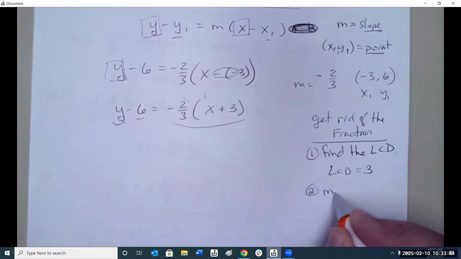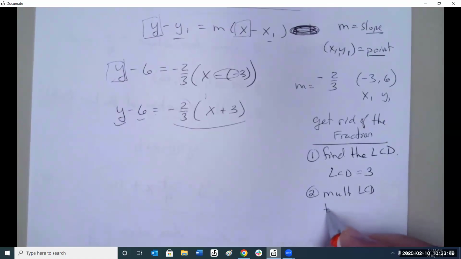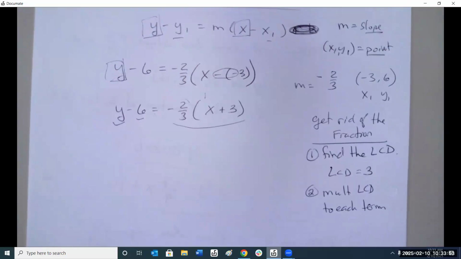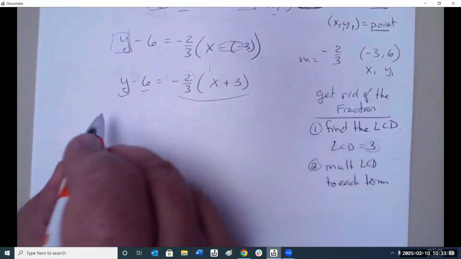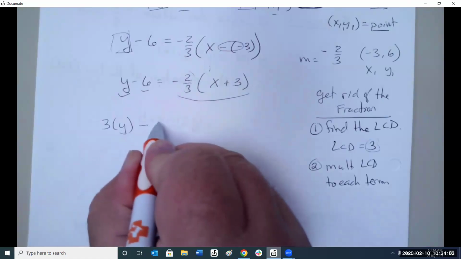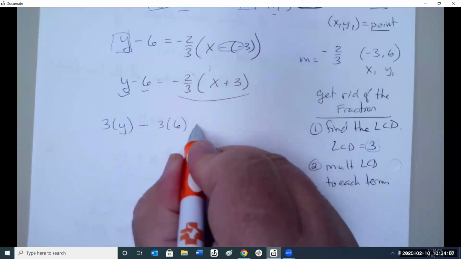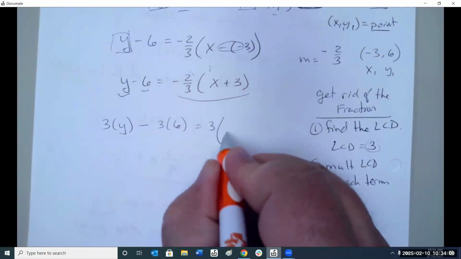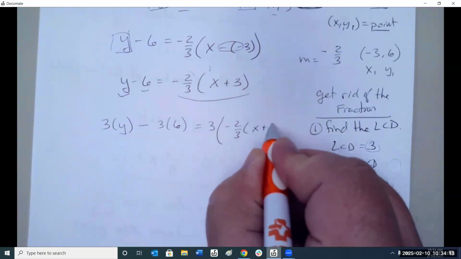So the second step is multiply the LCD to each term. Remember, LCD is 3, so we have 3 times y minus 3 times 6 equals 3 times -2/3 x plus 3.